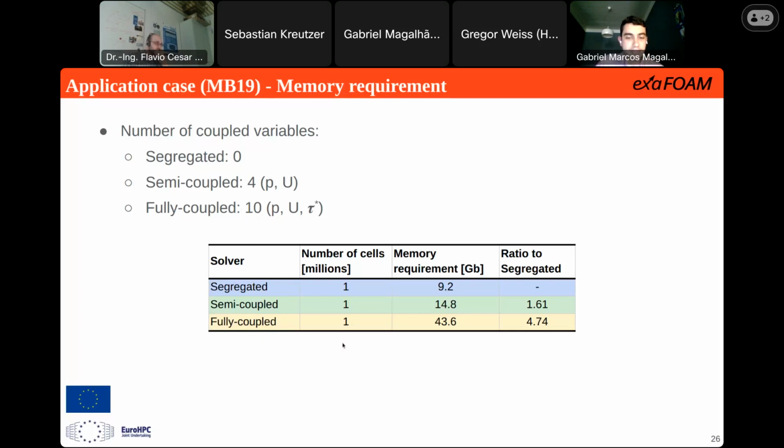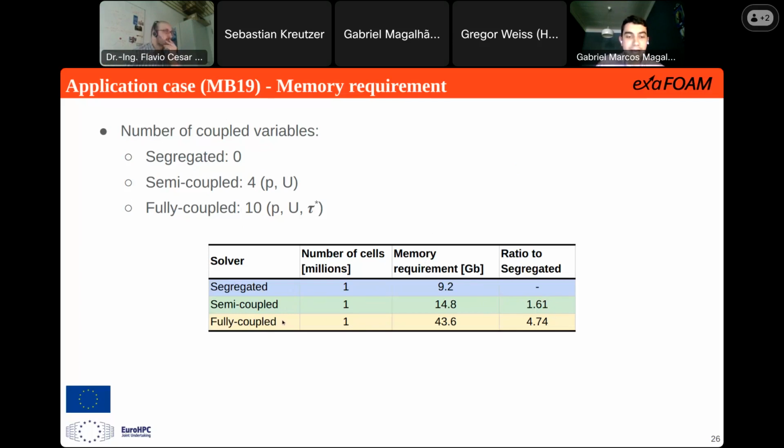Here we have a simple analysis of this case in a mesh with 1 million cells. It's possible to observe here that the memory requirement for the semi-coupled solver is 1.6 times higher than the memory required for the segregated.